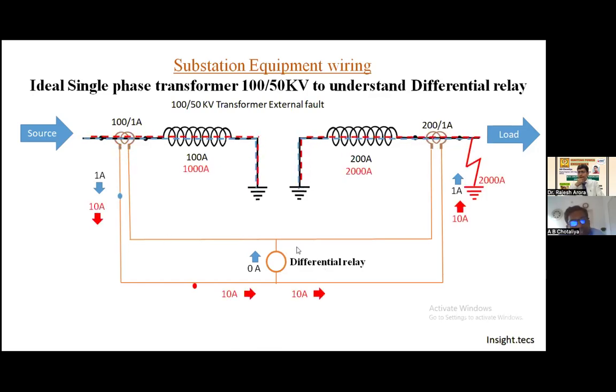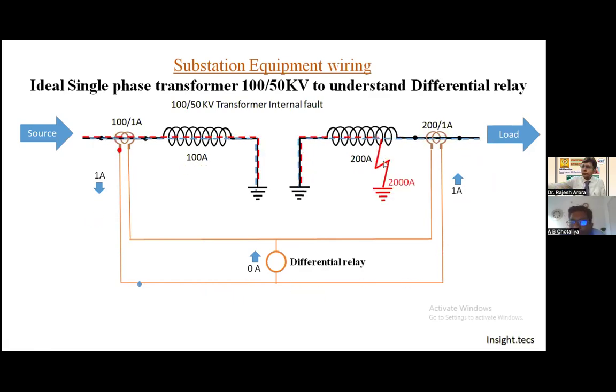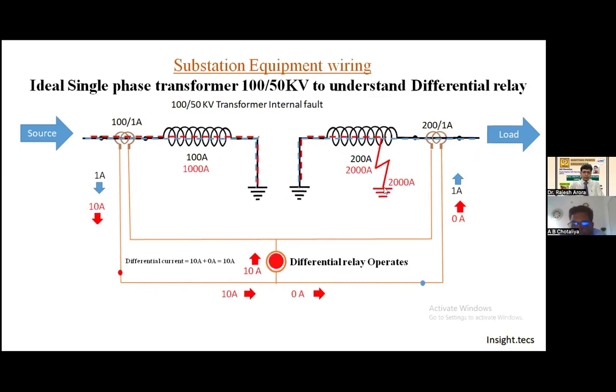So the differential relay will not operate. But in the condition when the fault is inside the transformer, then the differential relay will operate. As here it produces 10 ampere, but here only 1 ampere will be produced, because the 200 ampere is the fault current inside the transformer, and hence the transformer differential relay will operate.